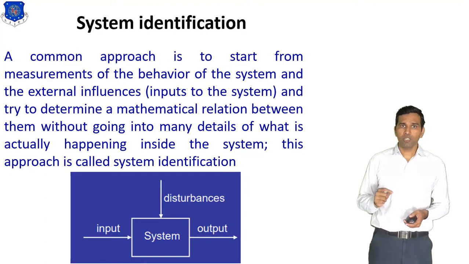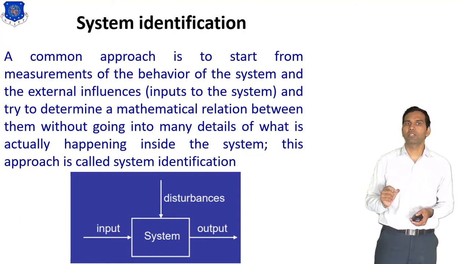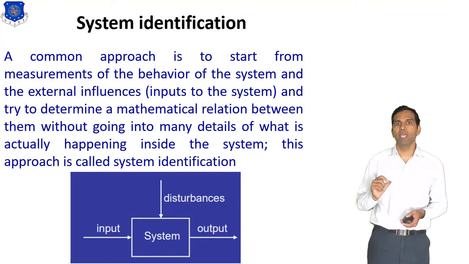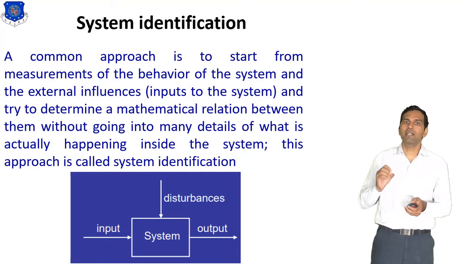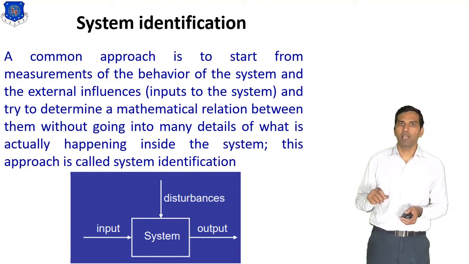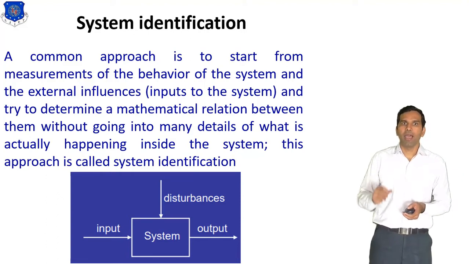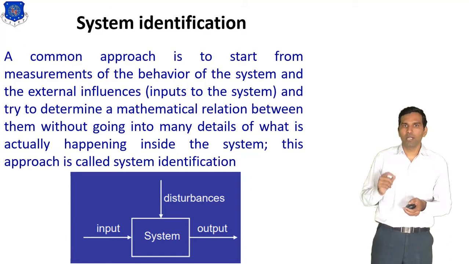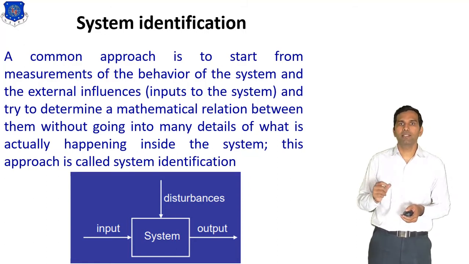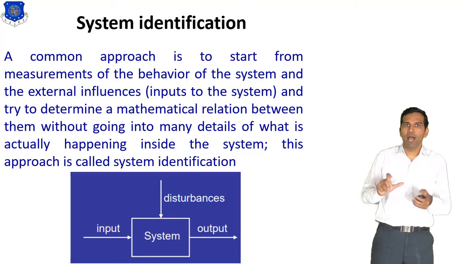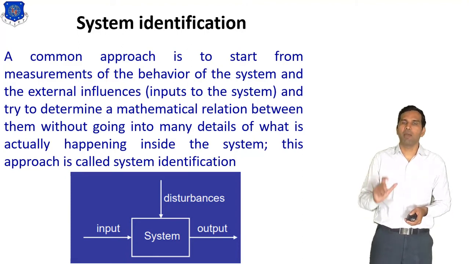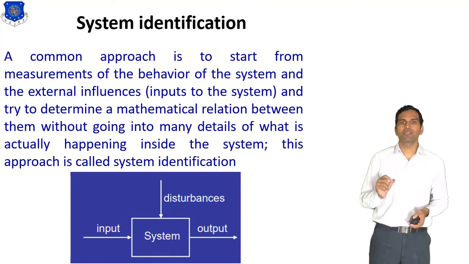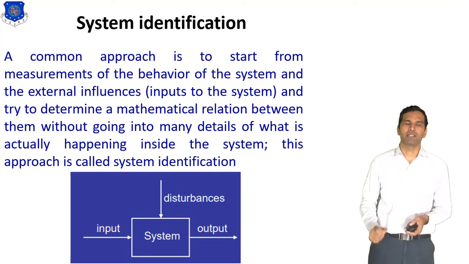So here the common approach is to start from the measurement of the behavior of the system, that means how it behaves, and the external influences, that means input to the system, and try to determine a mathematical relationship between them without going into many details of what is actually happening inside the system. This approach is called system identification.